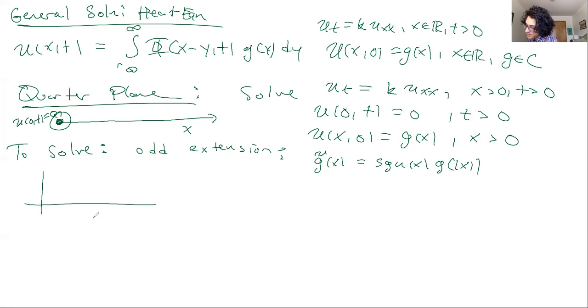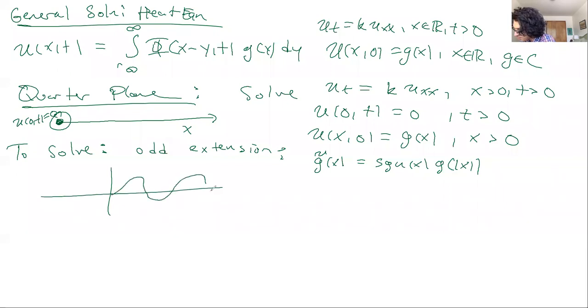So let's say that g of x is just some function like this, okay? Then if we odd extend it across the boundary, we're going to get some reflected shape of it like that, okay? And so in the process, we've turned it into a problem on one dimension that covers the entire line, right? So now g tilde of x is defined on x in R, okay?